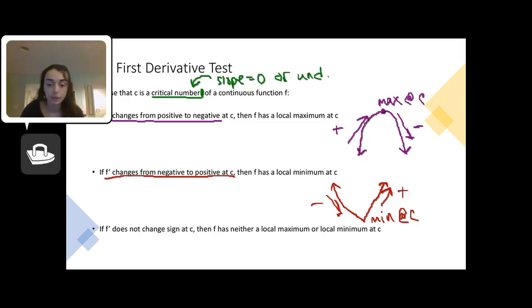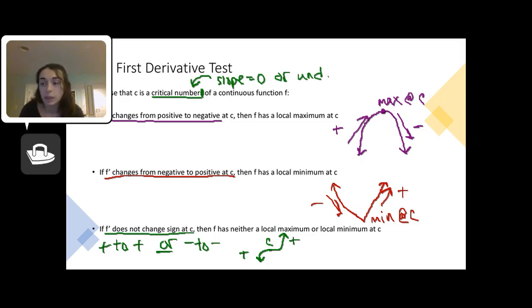And then lastly, we have that if f prime does not change sign at c. So this means it either goes from a positive to a positive slope or a negative to a negative slope. A positive to a positive slope would look like this. We're hitting 0, but besides that, our slope is staying positive, but 0 at c, or undefined, but most likely 0 in this case.